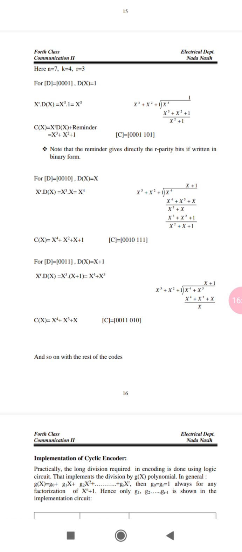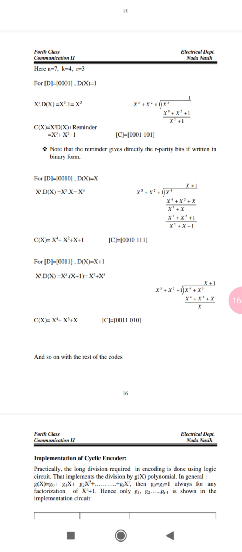For D 0011, D of x is equal to x plus 1, third input. Then x raised to R into d(x) is equal to x cube into x plus 1, which is equal to x raised to 4 plus x cube, right? Then what we get, x raised to 4 plus x cube. After division we get the remainder x.